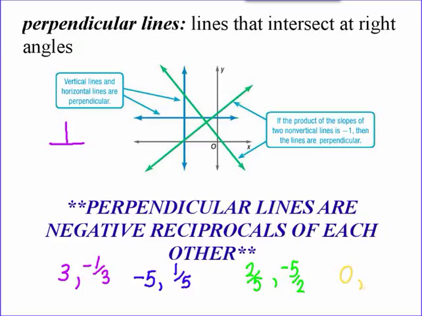Undefined. Now, likewise, they go backwards as well. If you had a line whose slope was undefined, the perpendicular slope would be 0. If you had a line with the slope -5/2, the perpendicular line would be 2/5. So it goes back and forth.